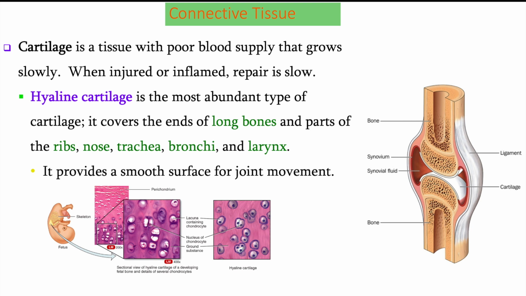But it doesn't serve for very good padding, and so in between bones, what we have are areas where we can move about, and those are called joints. For example, your knee joint, or your hip joint, or your elbow joint, or your shoulder joint. And these joints all need to be padded because the bones are getting really close to each other.